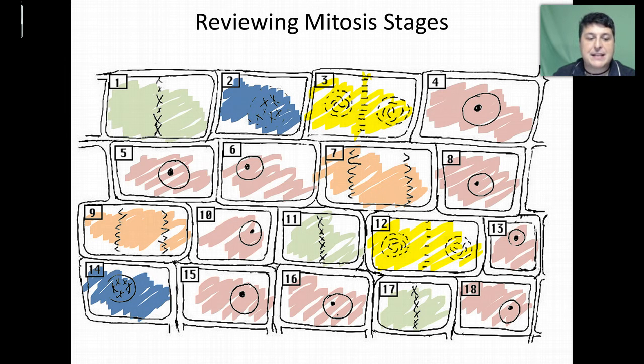So one of the things that's kind of interesting when we examine the stages of mitosis is that prophase, here like 14, is almost like the opposite of number 12, telophase.